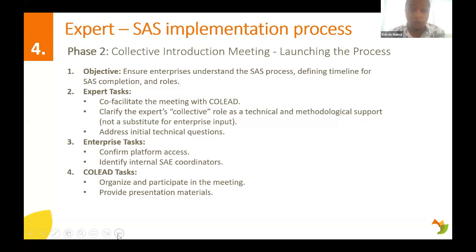The expert tasks will be to co-facilitate the intake meeting with COLID and clarify the experts' collective approach. This is the collective role as technical and methodological support, not to substitute the enterprise input. Then address initial technical issues that might arise. The enterprise task is to confirm platform access.